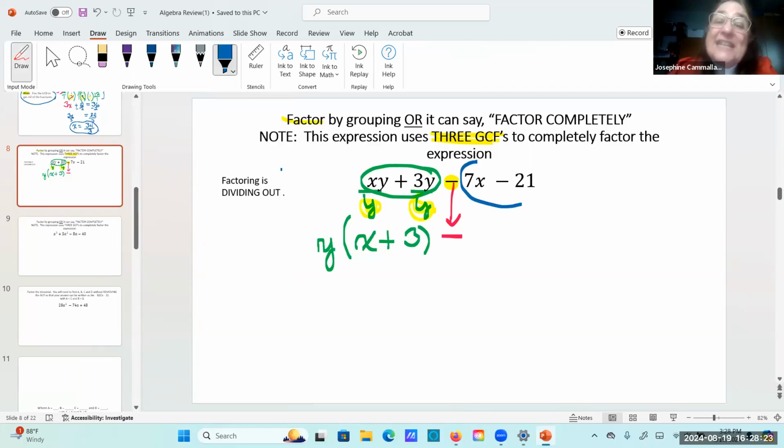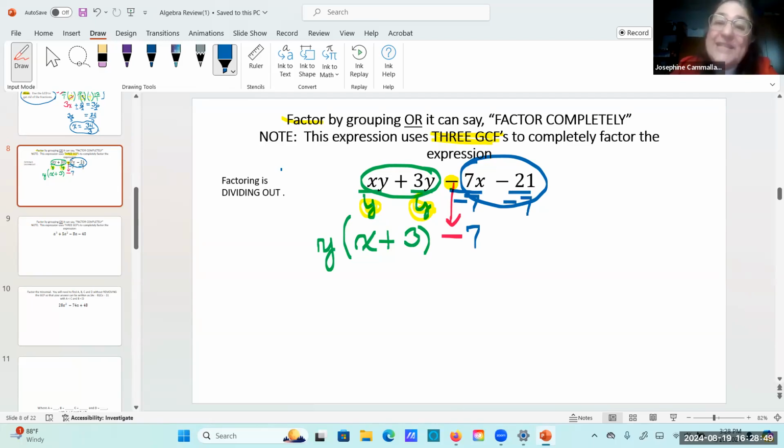These 2 terms, what do they have in common? They have a factor of 7. But this is the twist. I am dividing the last 2 terms by -7.